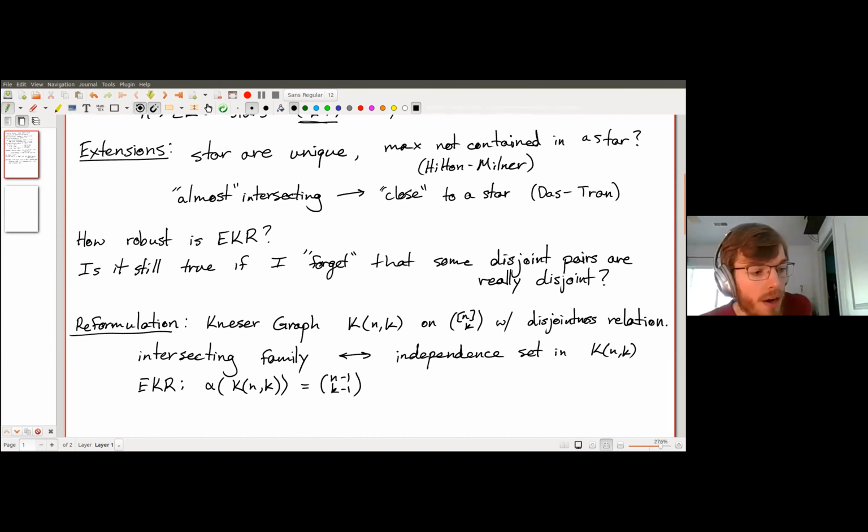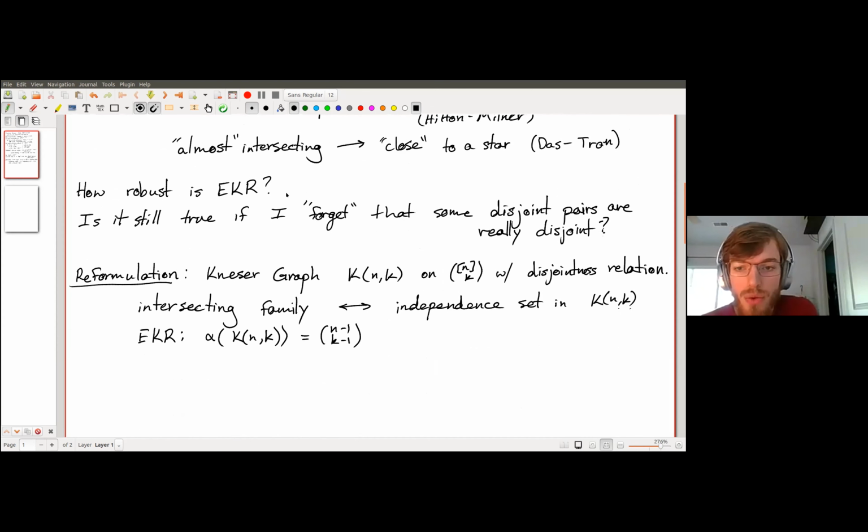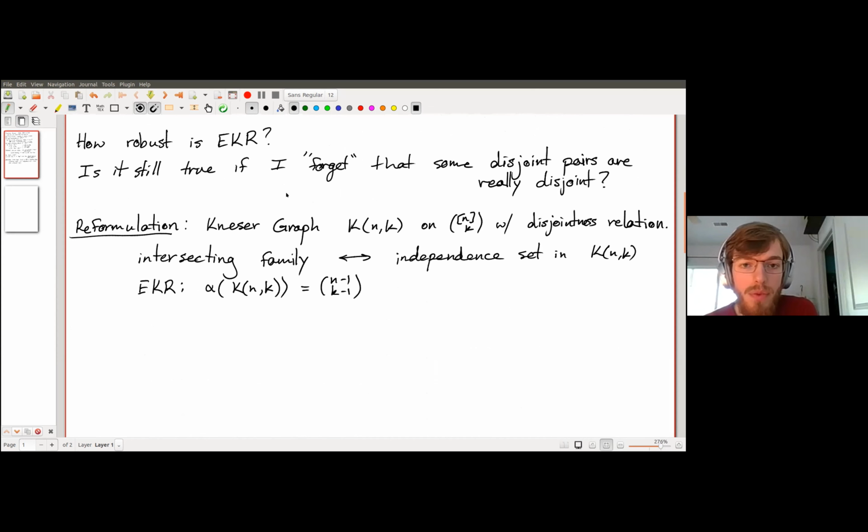Okay, so now we can get to the forgetfulness part, which is to consider a random version of Erdős–Ko–Rado. There are a couple of different ways you might consider a random version, but we're going to consider this one, and it's also a measure of how robust Erdős–Ko–Rado might be.